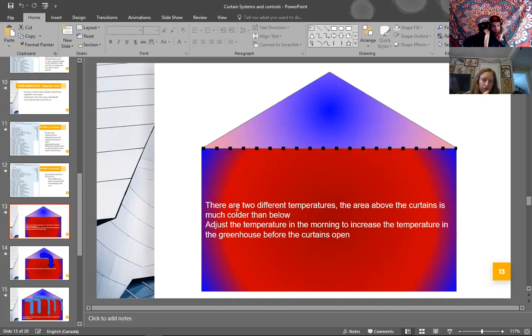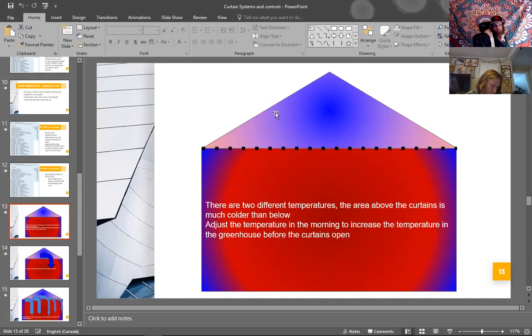So that's pumping a lot of moisture below the curtains, right? Those plants are just pumping water into the air on a regular basis. So as long as the absolute humidity below is under that 50 grams per square meter per hour, we're going to have some air exchange. We're going to have some moisture exchange, right?